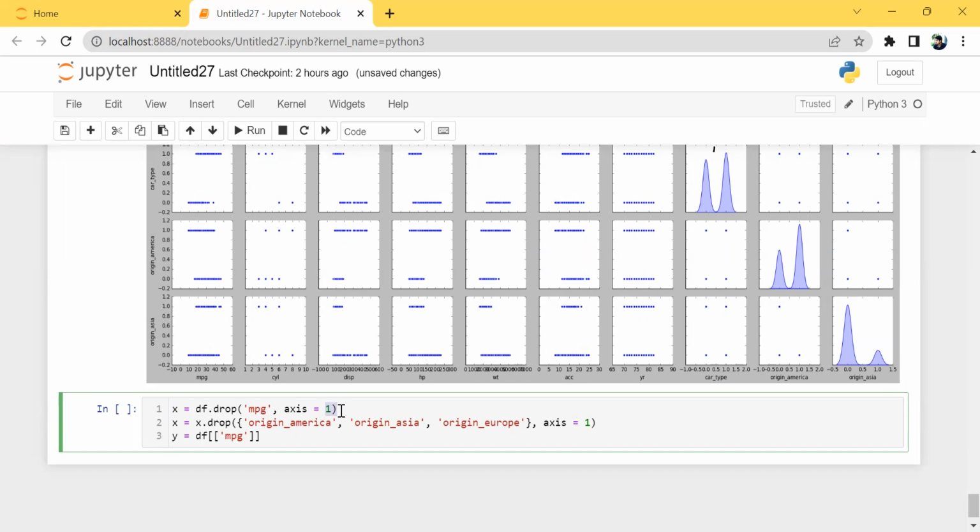And what else do I need to drop here? The origin columns: America, Asia, Europe, axis equal to 1. Actually, you can keep these columns, but right now I need to explain the linear regression part, so to make it simple, I'm dropping all these additional columns.